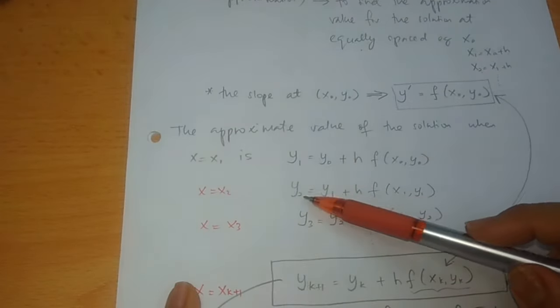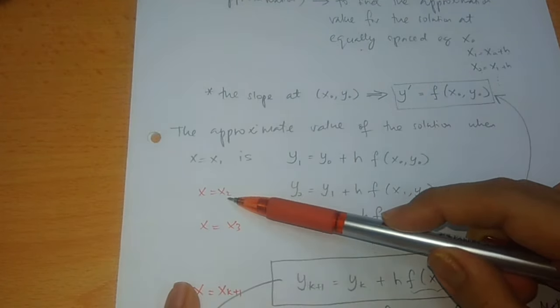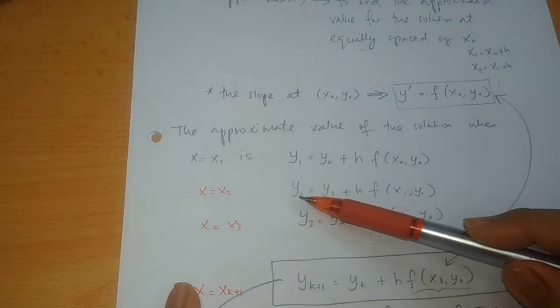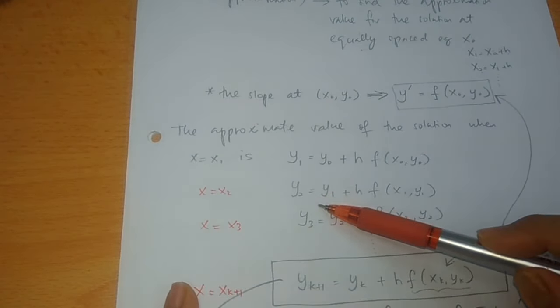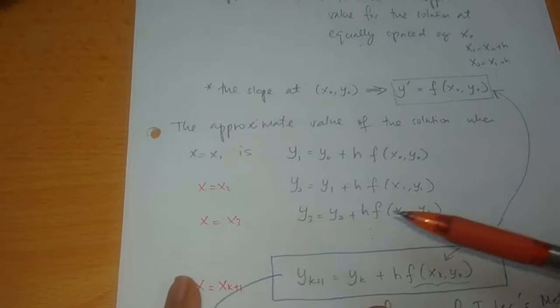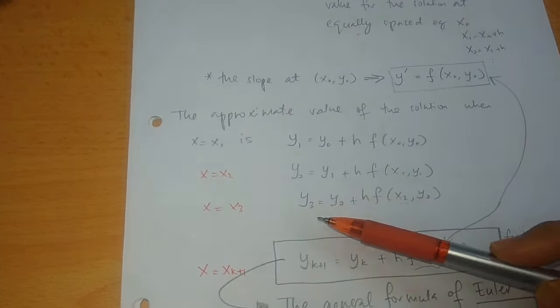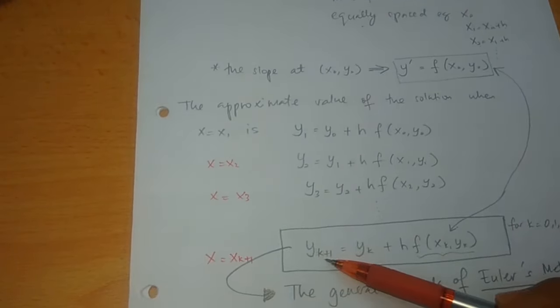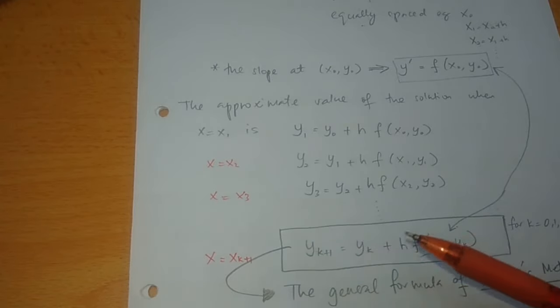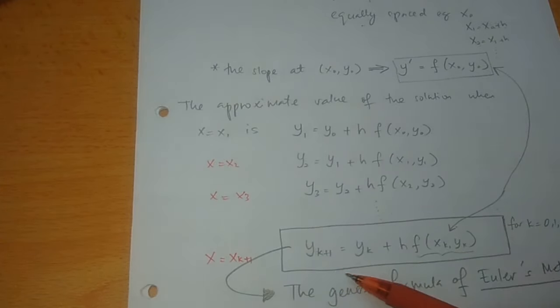What is the value of y2 when x equals x2? You are going to obtain the value of y2 using this equation. The same goes for y3 and so on until y(k+1). That is why we have the general formula for Euler's method as written here.